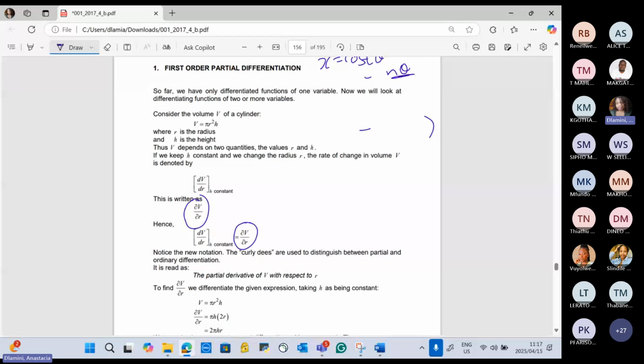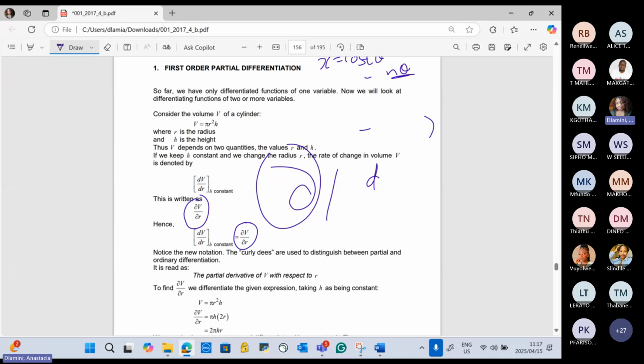So they say, notice the new notation, the curly d's, which is something like that. It is used to distinguish between partial derivative and ordinary derivative. Partial derivative is this, and ordinary derivative, it's the d. It is read as the partial derivative of V with respect to r.